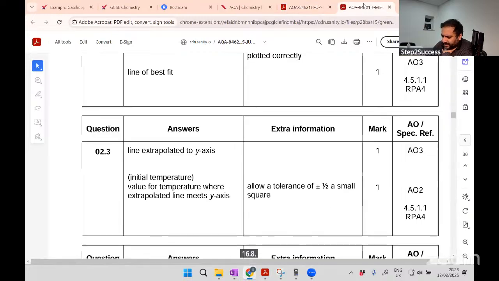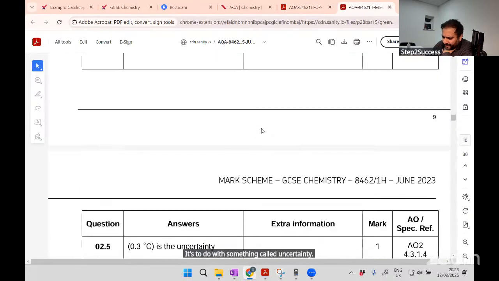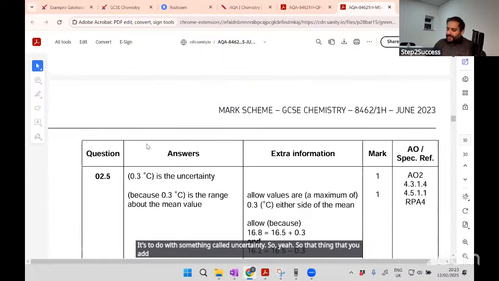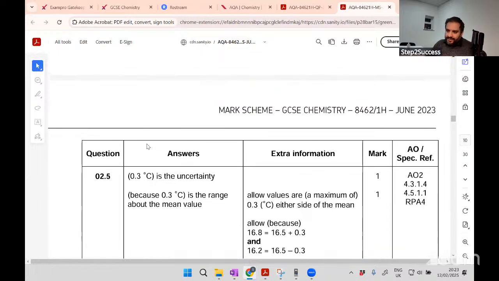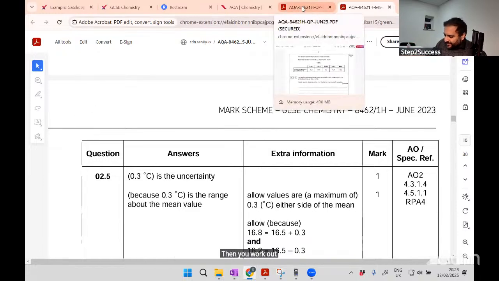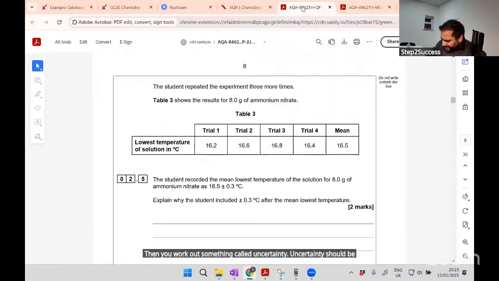It's to do with something called uncertainty. When you do an experiment many times and the results are a little bit spread out, as they were here, then you work out something called uncertainty. Uncertainty should be the range divided by 2.